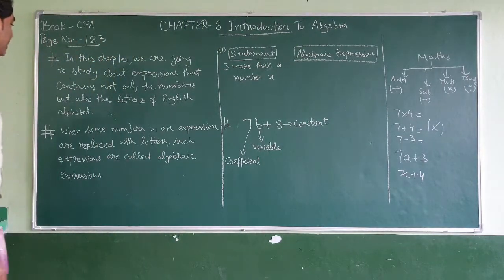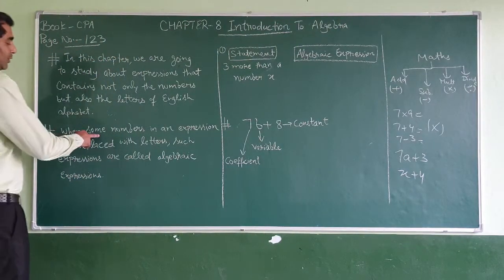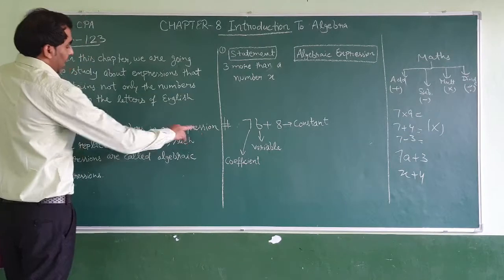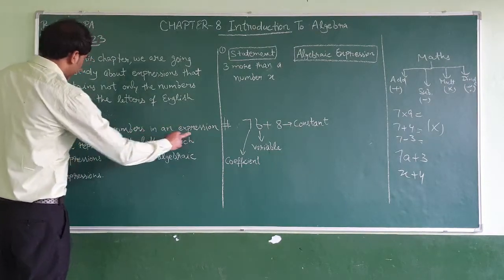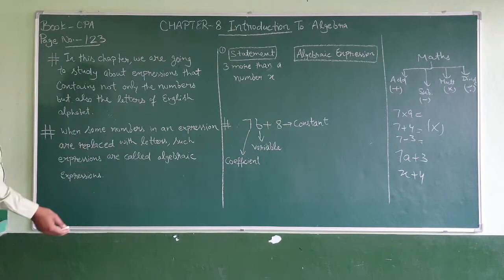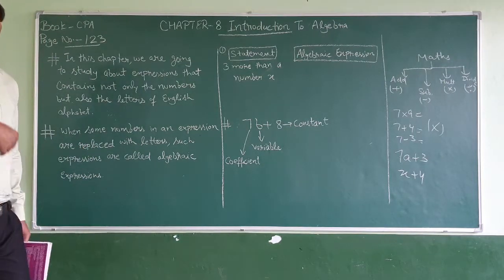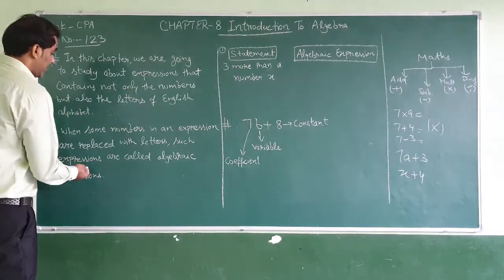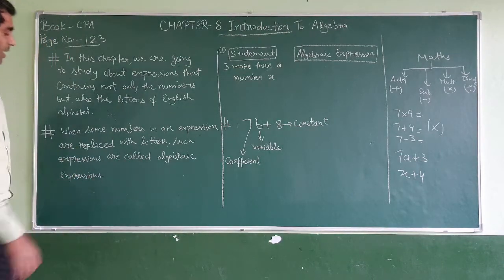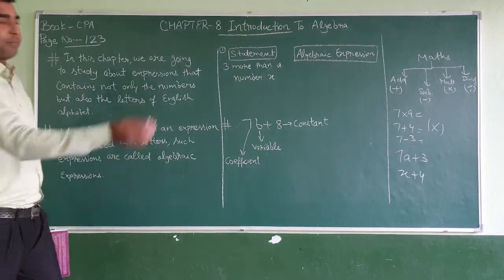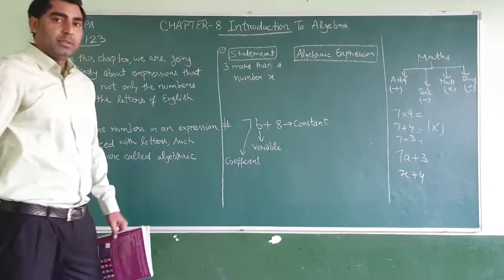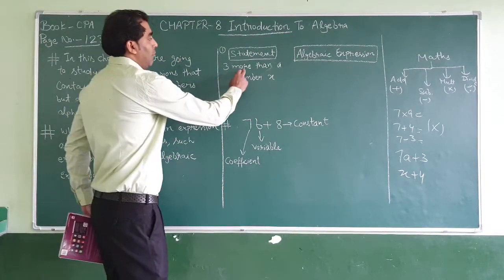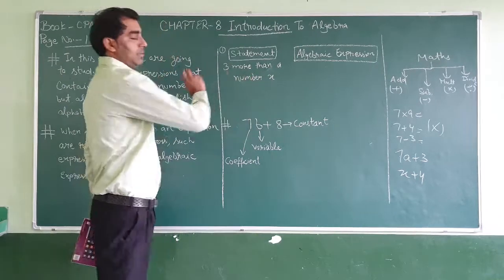Next, when some numbers in an expression are replaced with letters, such expressions are called algebraic expressions. Come on this example. Suppose this is a statement: 3 more than number x.